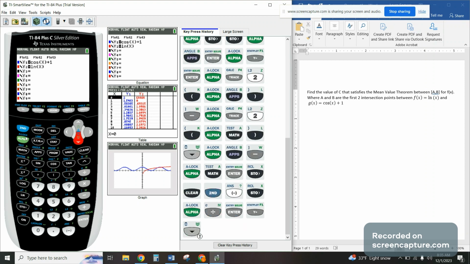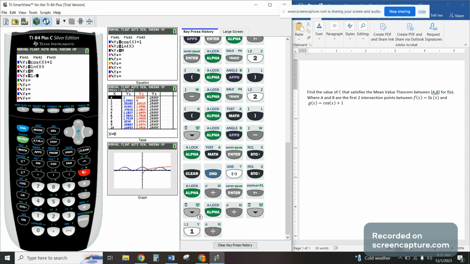Okay. So now I need to find where the derivative of f is. I wonder if this is going to work, but I don't know. Anyway, I need to find the derivative of the function I'm looking at.